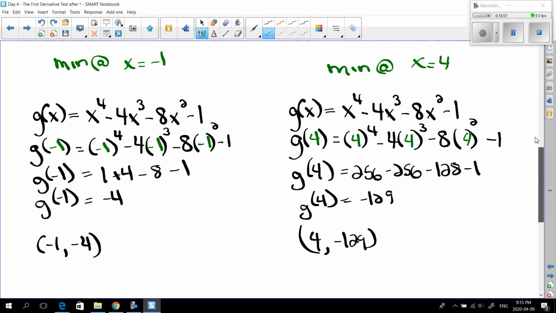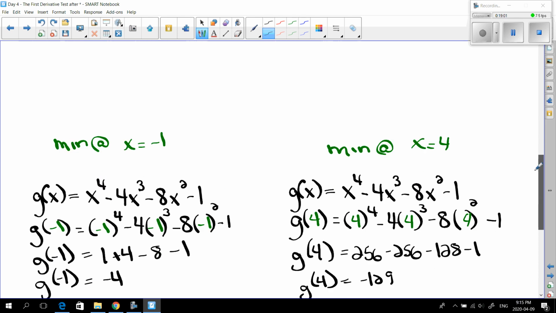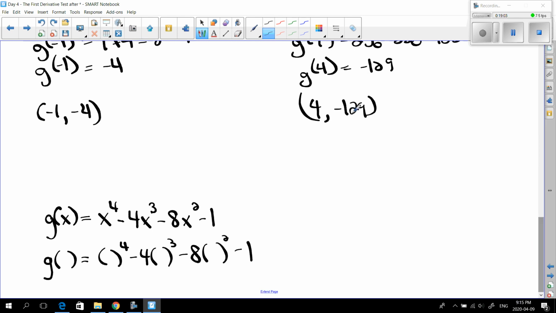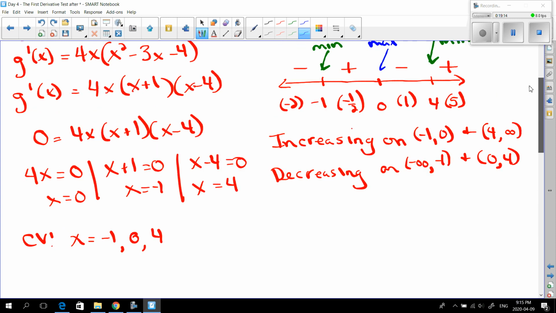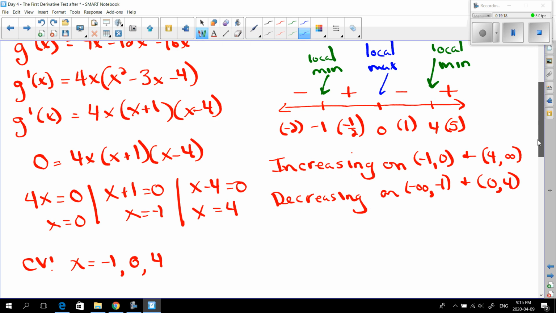And finally, I have a maximum when x equals 0. What is my y value when x equals 0? I simply plug that 0 back into the g of x formula. If anyone's wondering where this g of x formula came from, just have a look back up here. I just took this and brought it down.